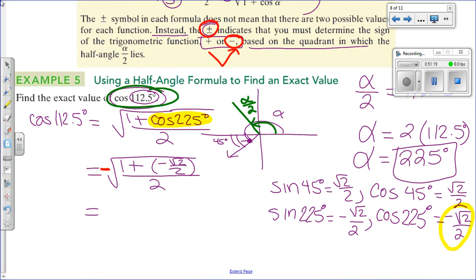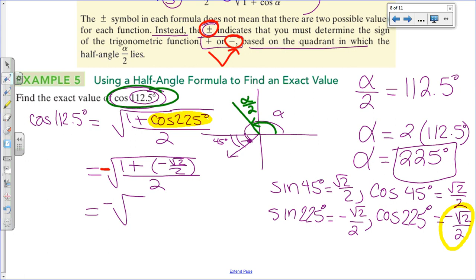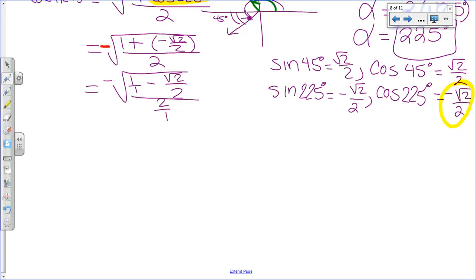So just to finish this problem, it will be minus the square root of 1 over 1 minus the square root of 2 over 2, everything divided by 2 over 1. And everything is still inside the radical. So negative square root.